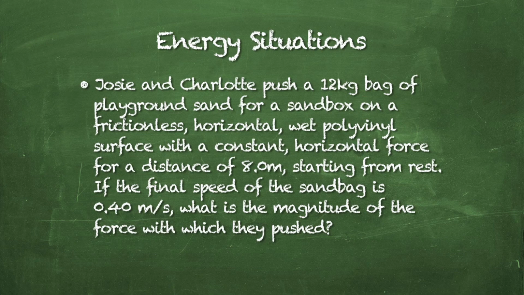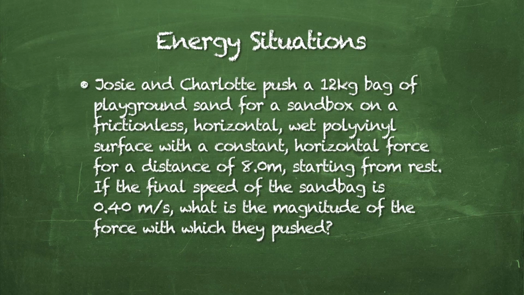Now you can recognize that you have a change in position, you have a change in speed, so this is a candidate for using energy to answer this question. You will start, as always, with a diagram.